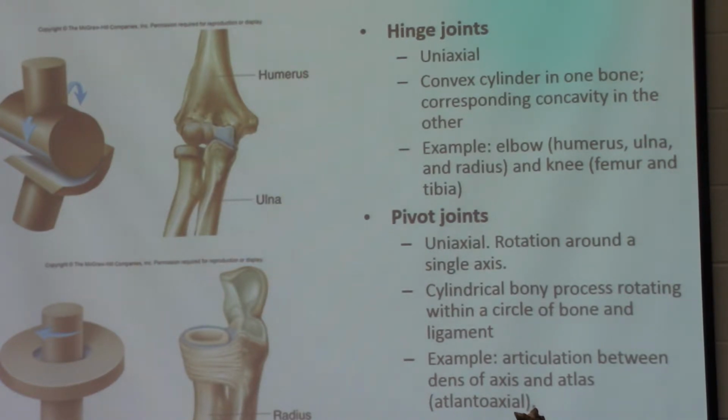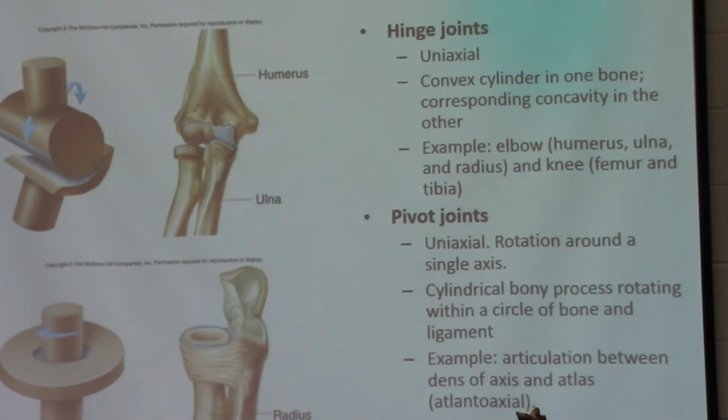And if you try it, you can actually move it to some extent. In this case, both of those bones are parallel. So if you are in this position, which is anatomical position, both of those bones are parallel to each other. When you rotate it, now those bones are crossing each other because it is still fixed here in the elbow, but when you rotate only your wrist, those bones are crossing each other.